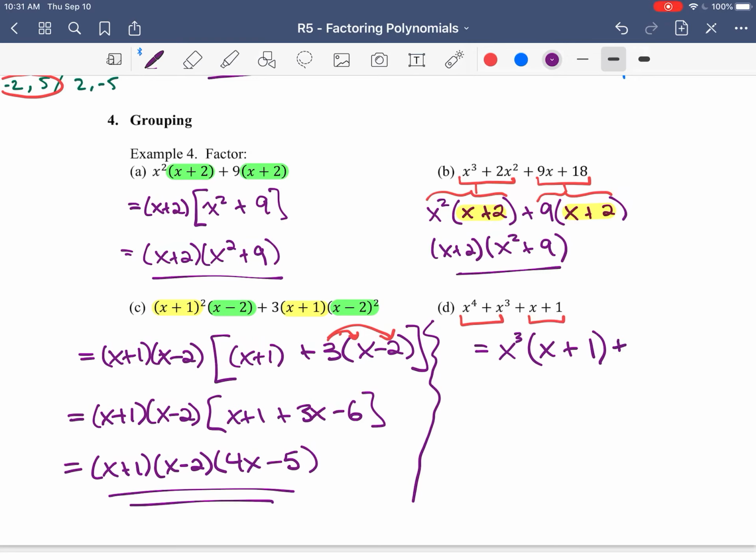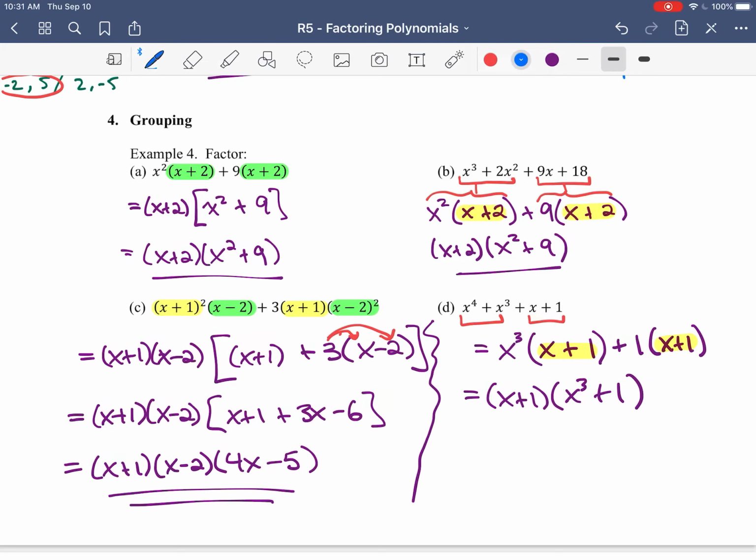But you can always pull out a 1. Okay, so I pulled out a 1. I still have x plus 1 left over. And now I see that I have x plus 1 in both terms. So I can pull out the x plus 1. And then I have the first term an x cubed left over. And then the second term a plus 1 left over.